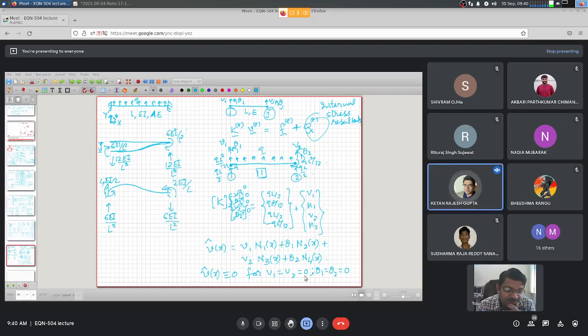This is because of the boundary conditions. No, this is not because of the boundary conditions. Boundary conditions are what they are. You cannot argue about boundary conditions. That is the input of the problem, part of the problem definition. Whatever boundary conditions are there, you have to impose them. Otherwise, you will not be solving the problem which is specified. You will be solving something else.